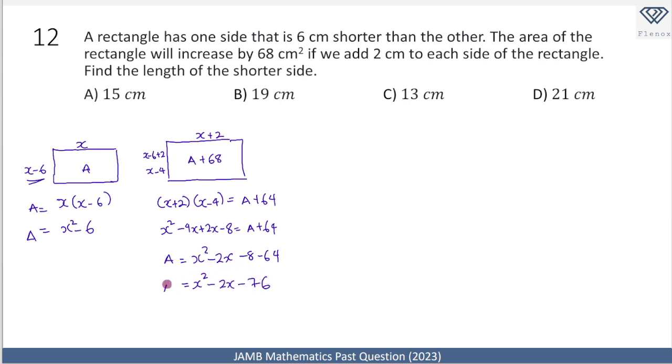So I can say that A is equal to x squared minus 6x, and A is equal to x squared minus 2x minus 76. So I can equate both of them together.